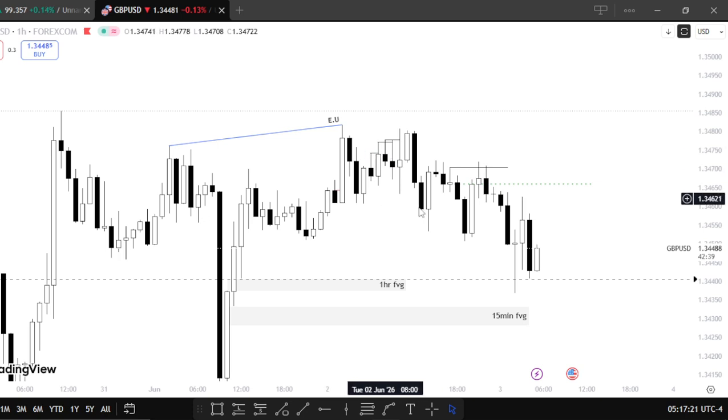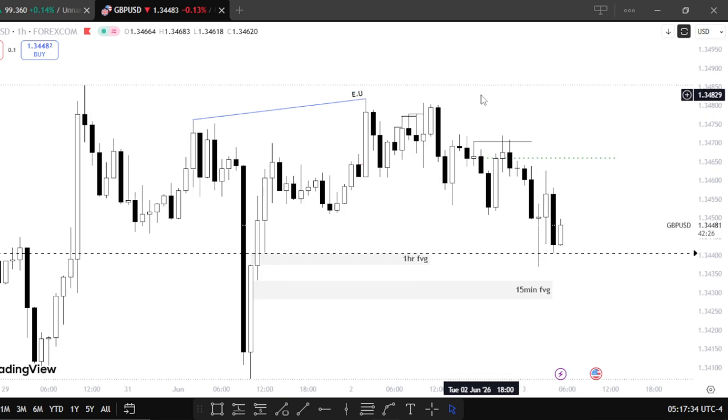So I took a trade on GBP USD based on a situation. Okay, not a great confirmation. I took the trade without confirmation. I took it as a situational trade, and I nearly got stopped out.